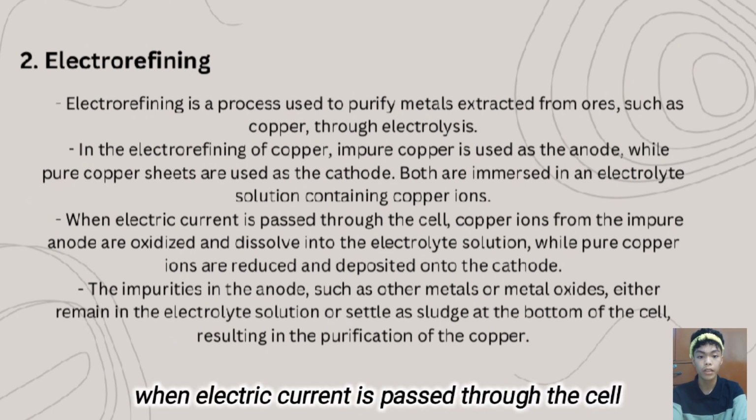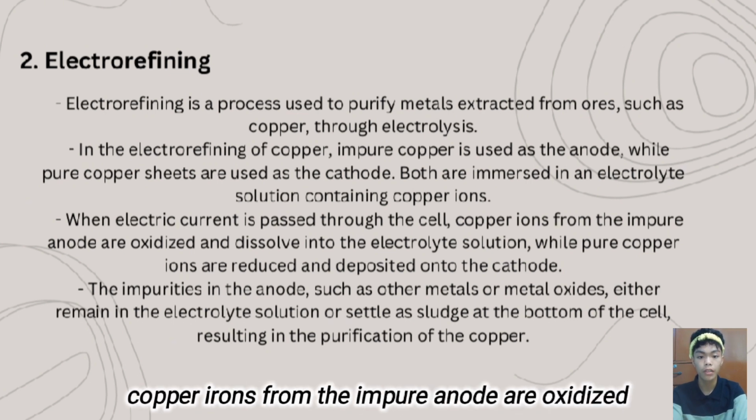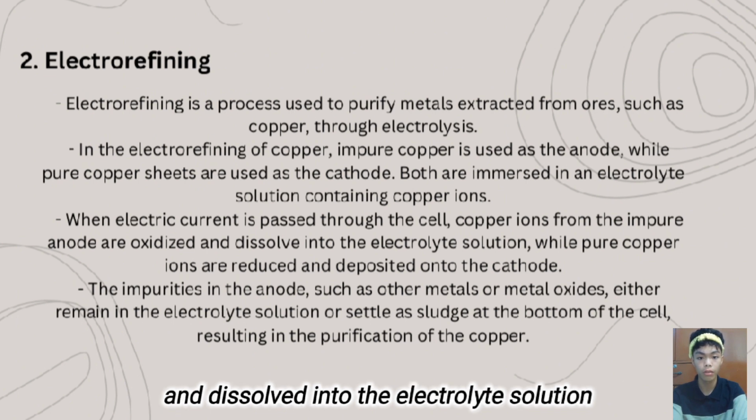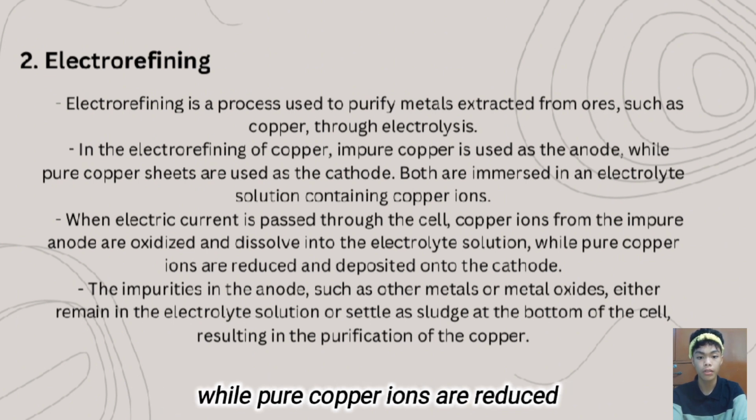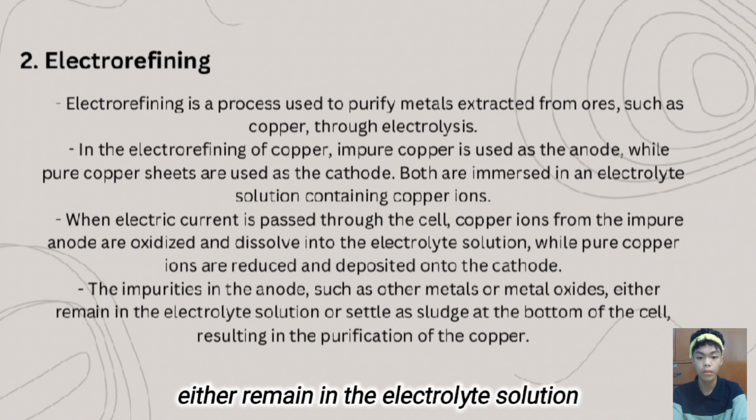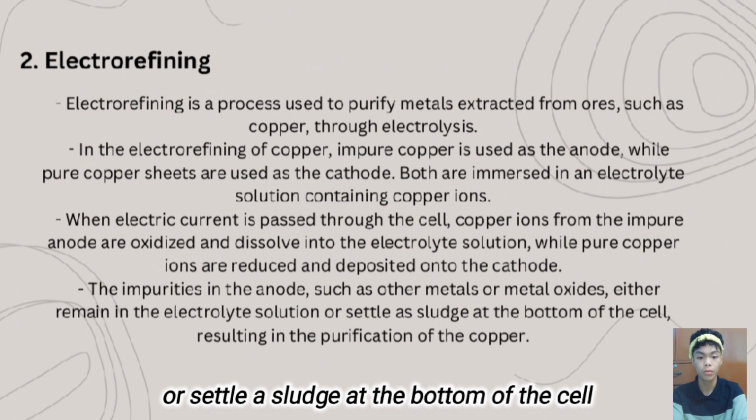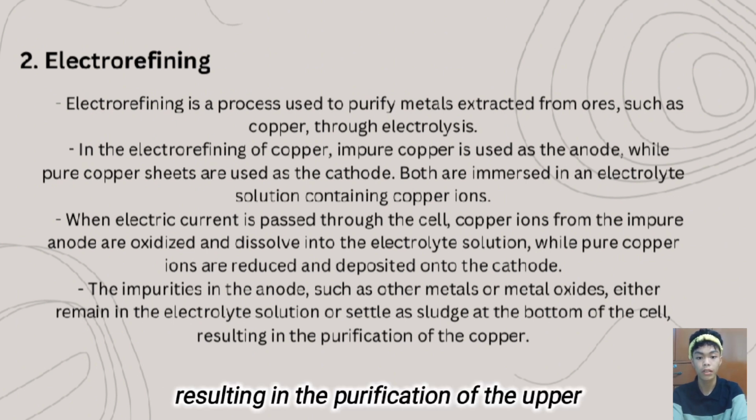When electric current is passed through the cell, copper ions from the impure anode are oxidized and dissolved into the electrolyte solution, while pure copper ions are reduced and deposited onto the cathode. The impurities in the anode, such as other metals or metal oxides, either remain in the electrolyte solution or settle as sludge at the bottom of the cell, resulting in the purification of the copper.